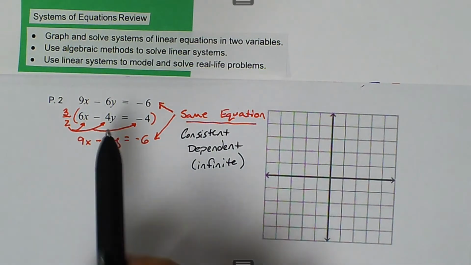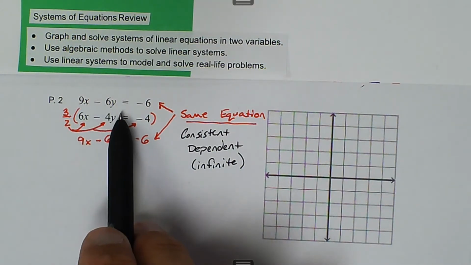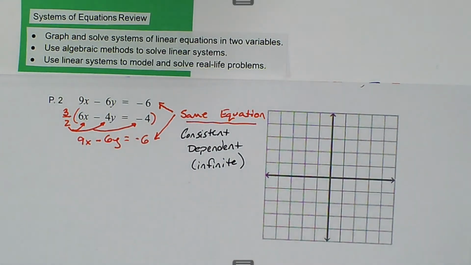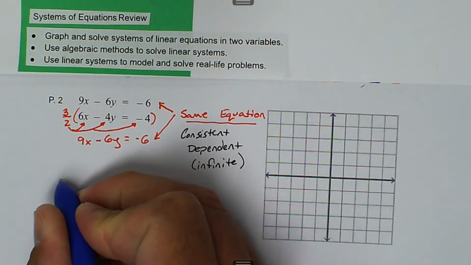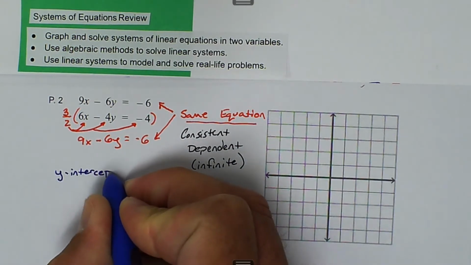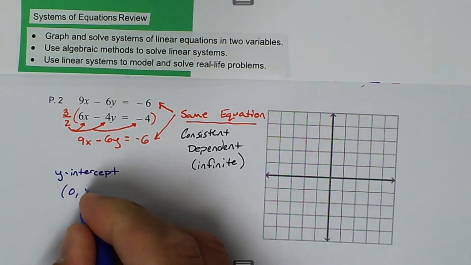So in this case, when we have both variables on the left side, the way that I like to graph it is to just find the y and x intercepts. So for the y-intercept, we're going to have x equal to 0.